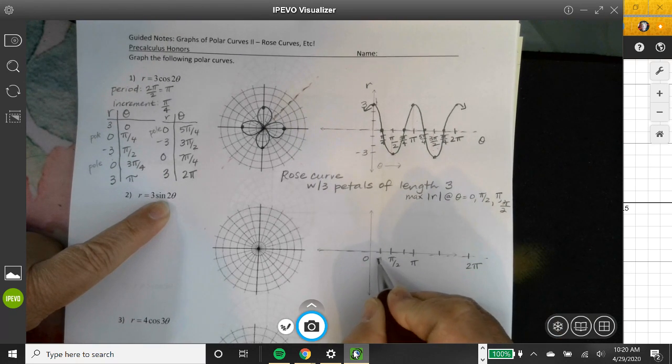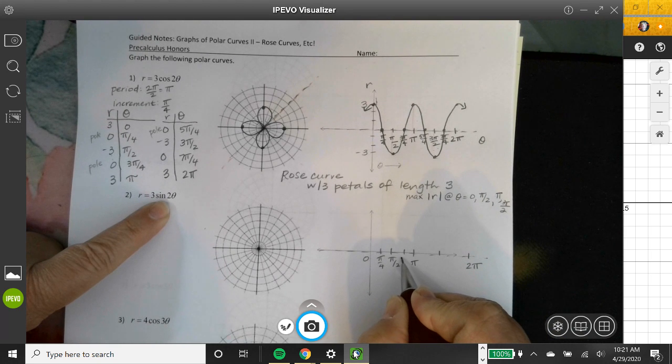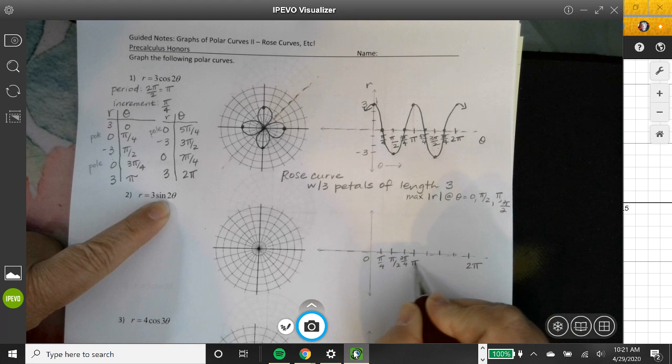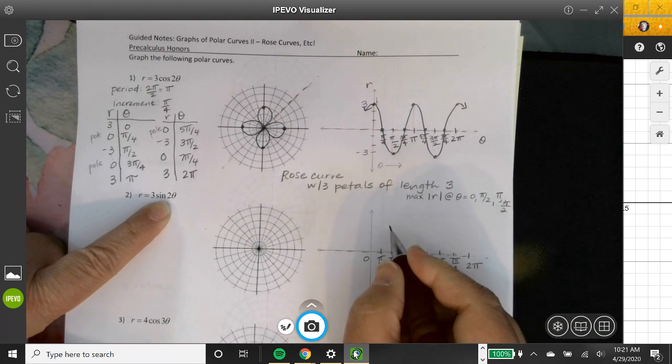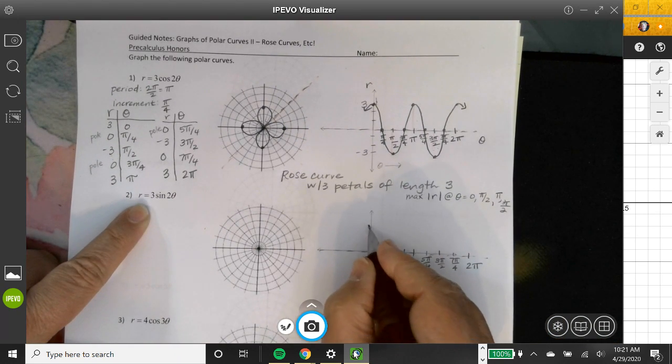This is pi over 4, and this is 3 pi over 4, and then in the middle here we have 5 pi over 4, 3 pi over 2, and 7 pi over 4.